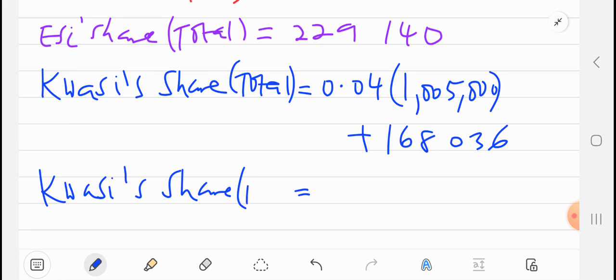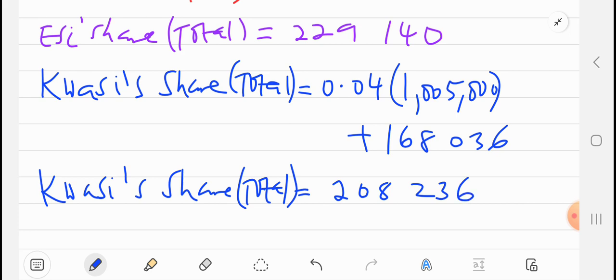Kwasi's share, the total. So it's going to get 4% from the total profits of 1,005,000 Ghanaian cedi plus the result from the ratios. And what that gives us is 208,236.